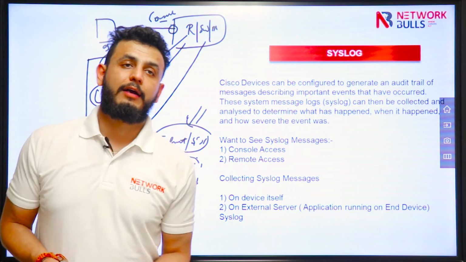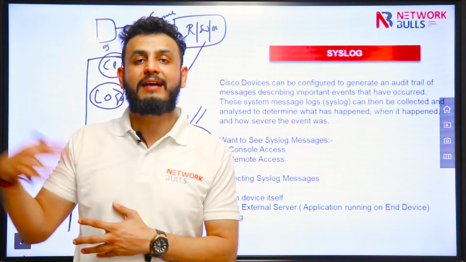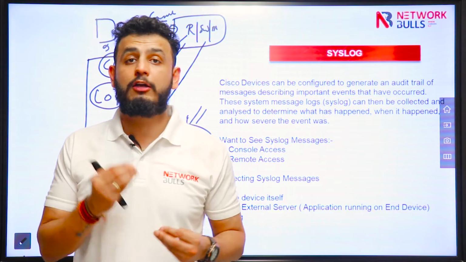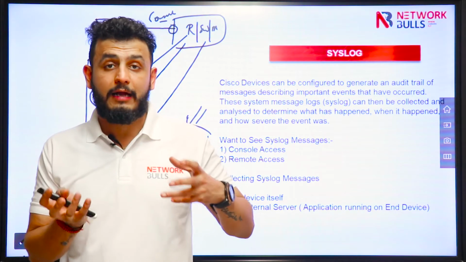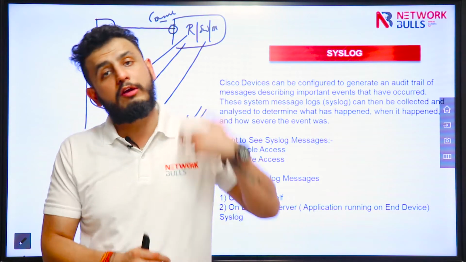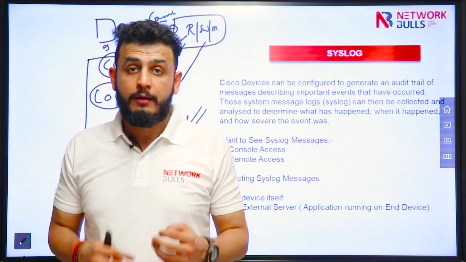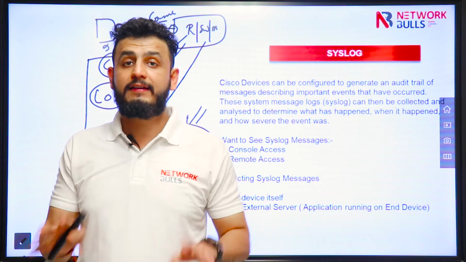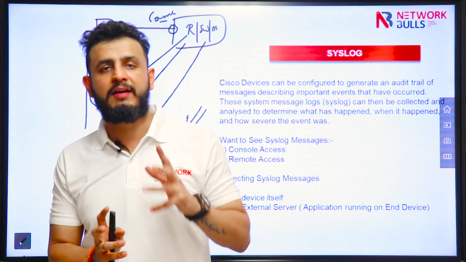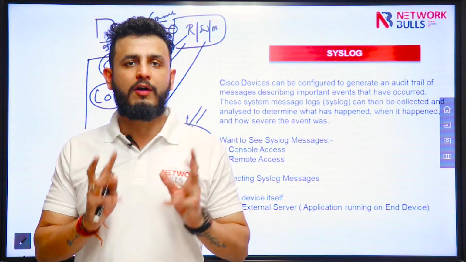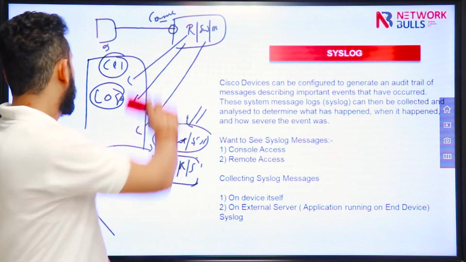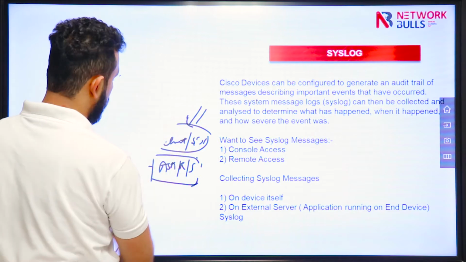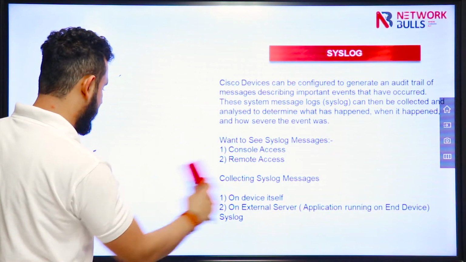It depends how we are accessing the device whether we will see the logs or not. If we are accessing the device through the console port, we will see the logs. But if we are accessing the device remotely, we will not see the logs by default. We can change this behavior, but here we are talking about the default settings. So if you want to view logs remotely also, you can enable them according to your requirement.